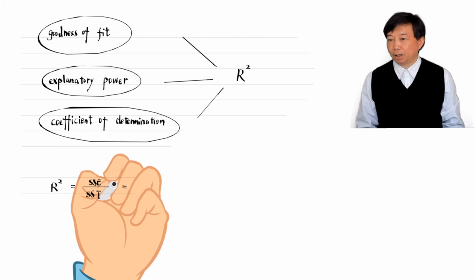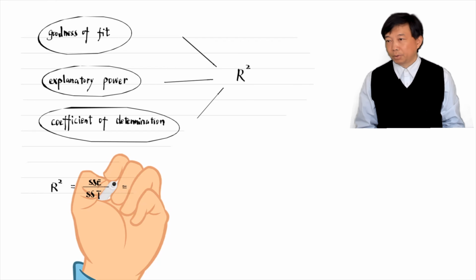The denominator, SST, is the total variation in y. R-squared is the ratio of the explained variation compared to the total variation. It can be interpreted as the fraction of the sample variation in y that is explained by x.